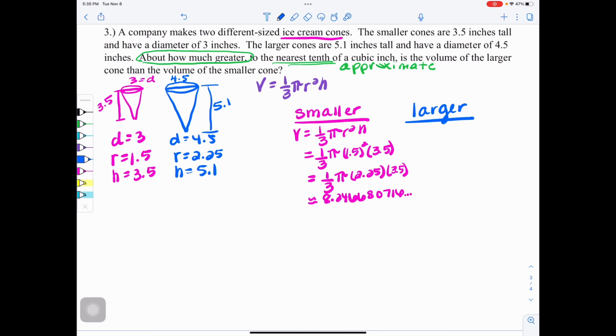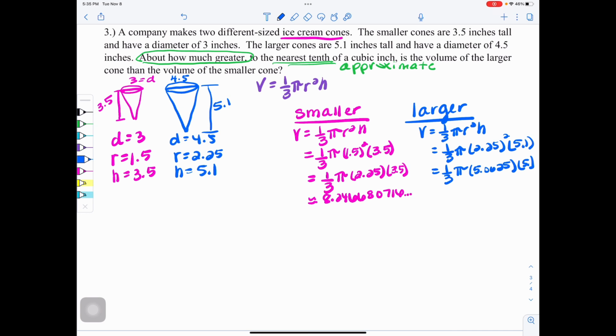We're also going to find the volume of the larger cone. So 1/3 pi r squared h equals 1/3 pi. Our radius of the larger was 2.25. That's going to get squared. And our height is 5.1. So here we get 1/3 pi. If I do 2.25 squared, I get 5.0625 times 5.1.